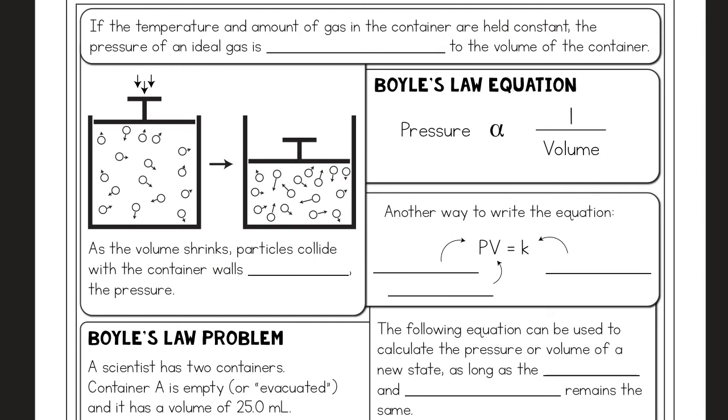All right, here's our next one. If the temperature and the amount of gas in a container are held constant, the pressure of an ideal gas will be inversely proportional to the volume of the container.